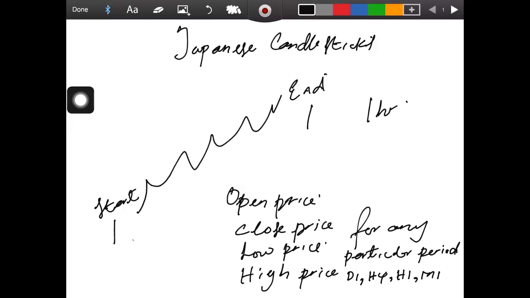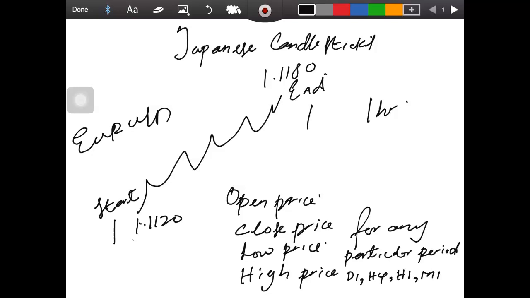Started at, let's say, euro dollar 1.1120 and then ended at 1.1180. We're saying in Japanese candlestick charting, the only information you need is the open price and the close price, at the start of the hour and at the end of the hour.